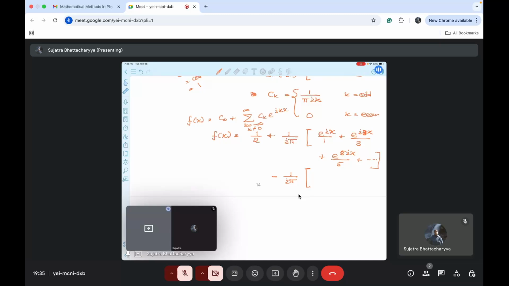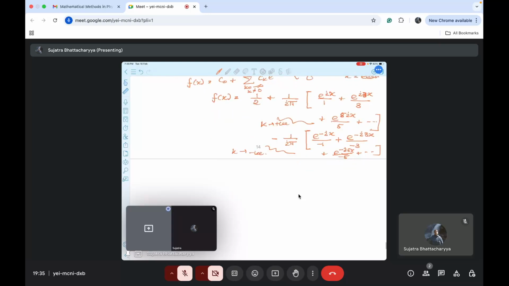This is the positive k part, and now this part will be negative k. Just remember this whenever you are doing the complex Fourier series. You must remember that the negative part will also come. So this is your complex Fourier series.